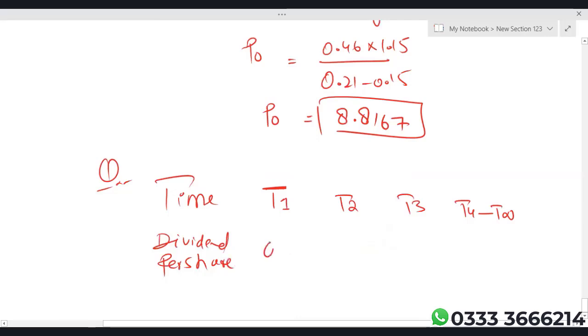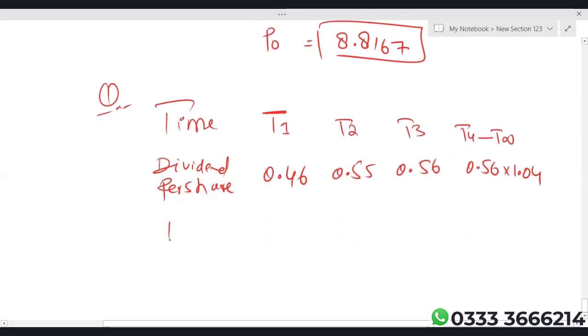Dividend per share is 0.46, 0.55, 0.56, then 0.56 into 1.04 growing at 4%. K is 10%. I need P naught. Please, everyone, attempt this. Try to calculate P naught. One student has given the answer 5.824. What about others? Please, others should also try this.